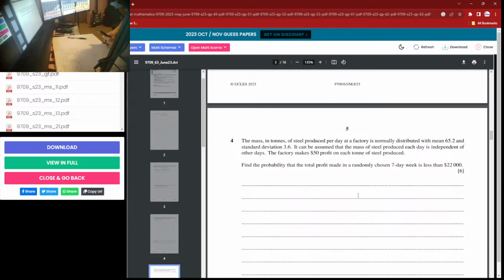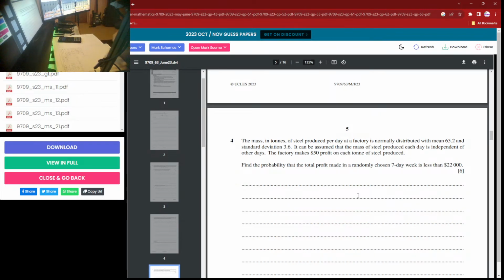That's the mean for the tons produced, and then from that we can find the profit. And then we times this by 50 because we want to find the profit. 22,820.